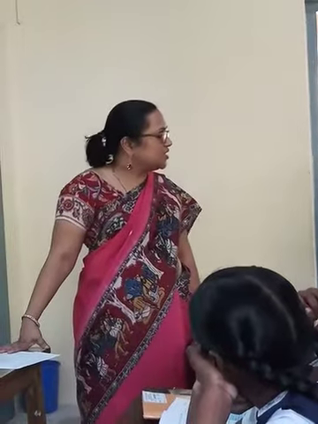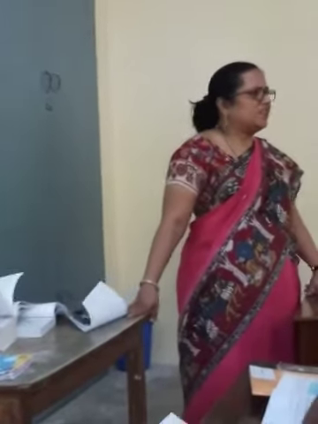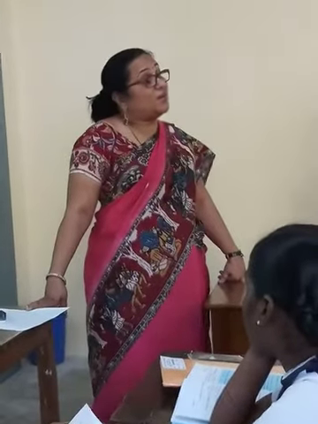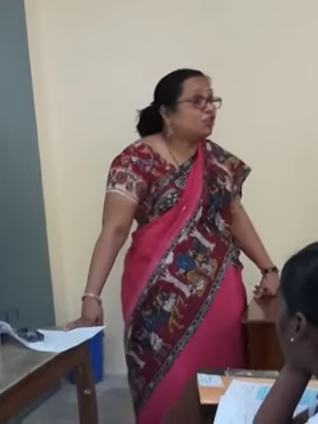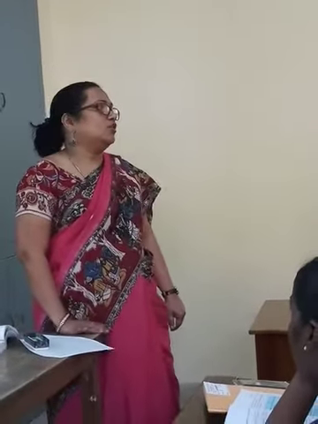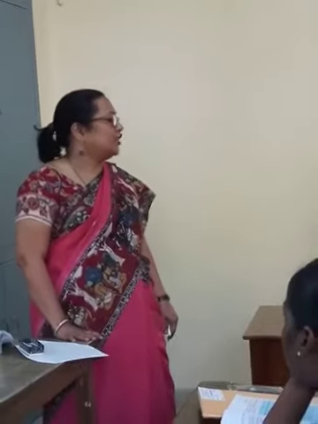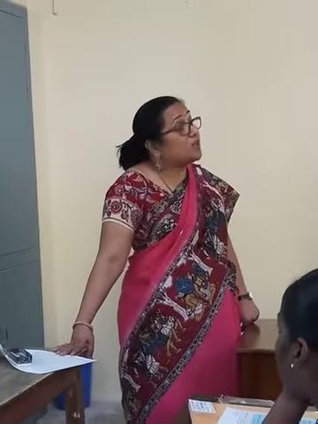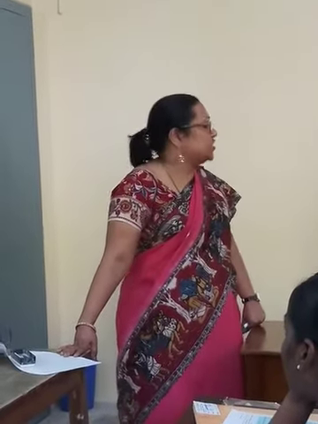Now pi is an irrational number, whereas 22 by 7 is a rational number. Any number of the form p by q, where q is not equal to 0, is a rational number. So why do we say pi is 22 by 7? Is pi 22 by 7? Pi is an irrational number. So for our purposes of calculation, we look at its approximate value. Please remember pi is not 22 by 7, because 22 by 7 is a rational number as opposed to pi, which is an irrational number.